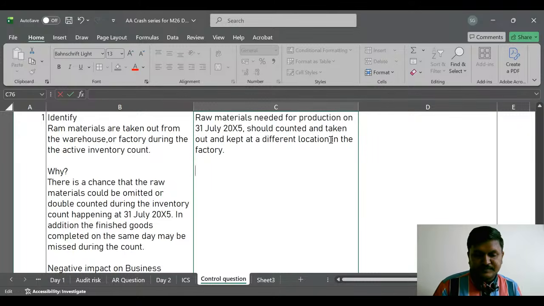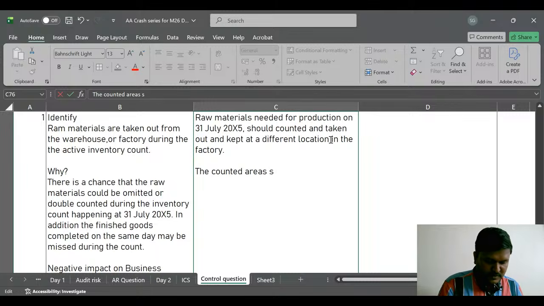Next thing is, what will you do? So the raw material related issue is now sorted. Okay, the counted areas should be tagged or marked as counted by the counting team.